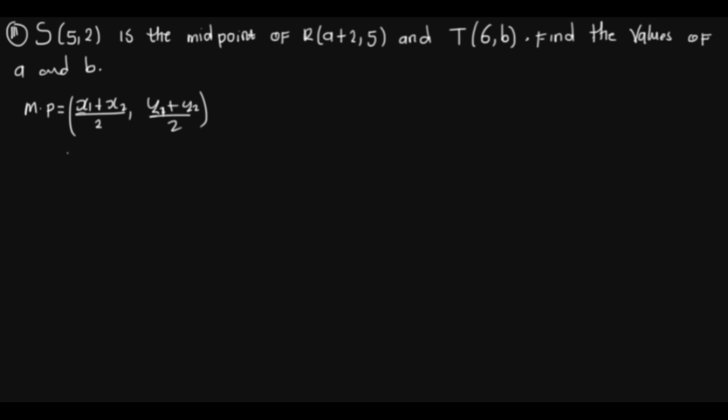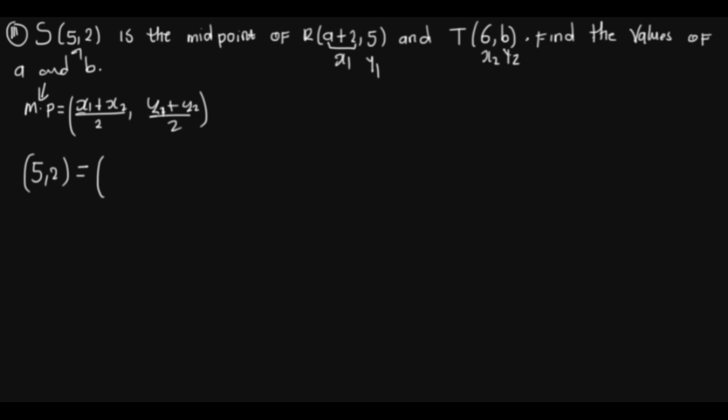Okay, so now in a case where you have been given the coordinates of the midpoint, we are going to substitute with 5,2. So we can say 5,2 as our midpoint. Now the A plus 2 will be x1, our 6 will be x2, our 5 is y1, our B is y2.